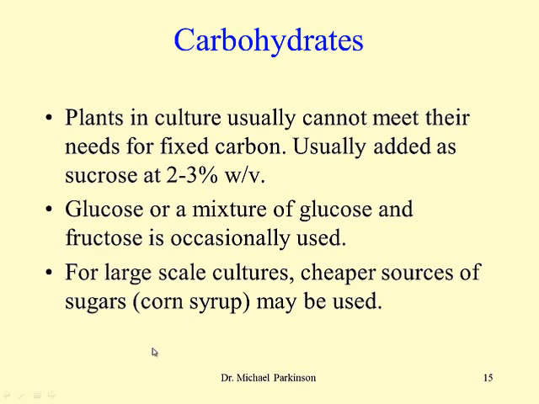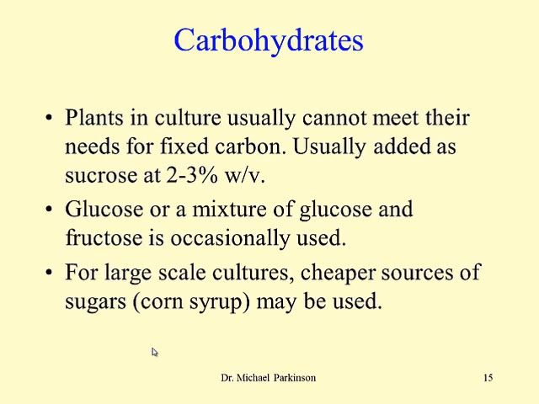If you're using large-scale cultures, for example a 50,000 litre fermentation, where you may be using large quantities of sugars, it's possible to use cheaper sources of sugars, for example corn syrup. For commercial micropropagation, you can go out to Tesco and buy a bag of sucrose, and because it's crystalline pure, it will be at least 99% sucrose, and the contaminants don't normally interfere with the micropropagation process.